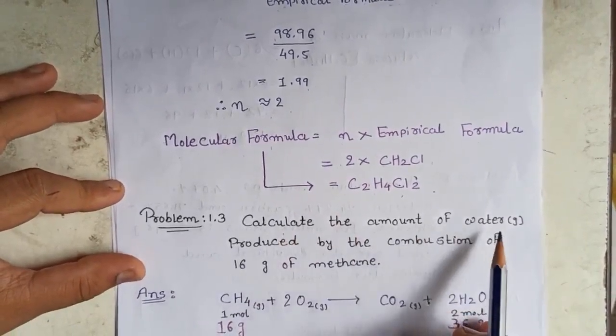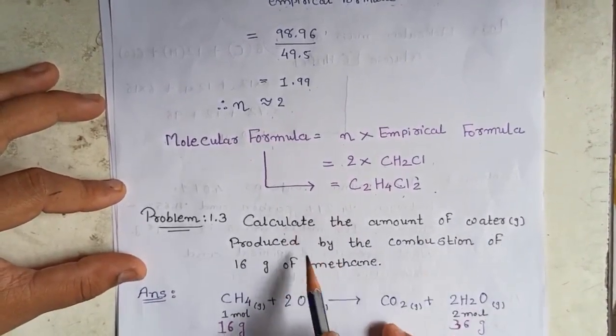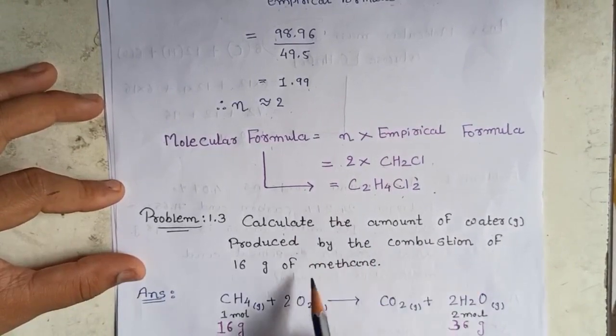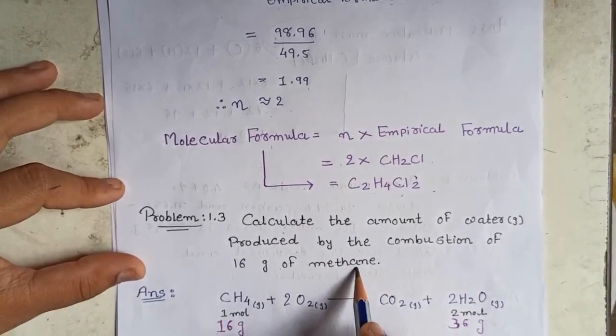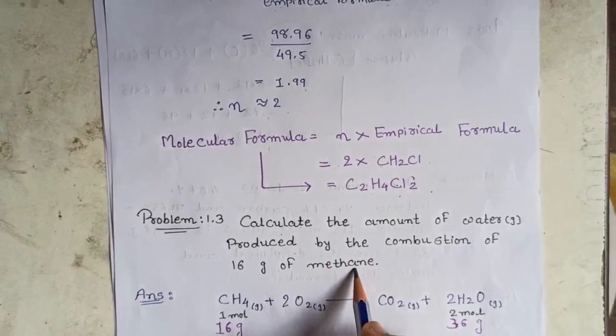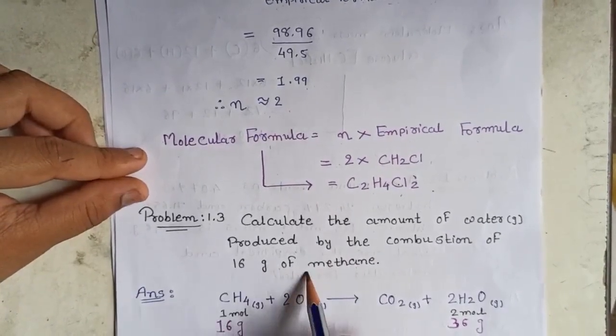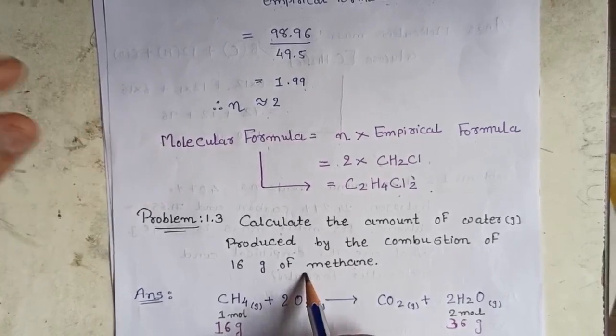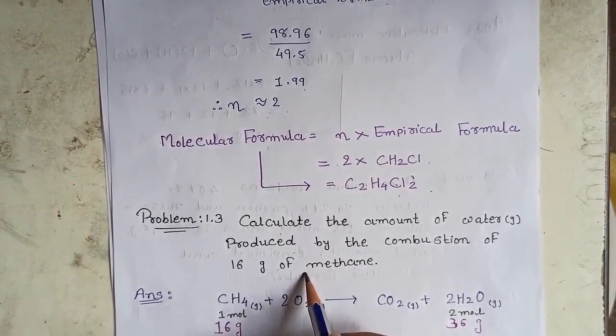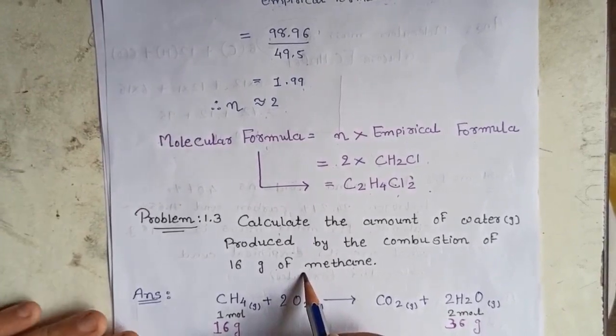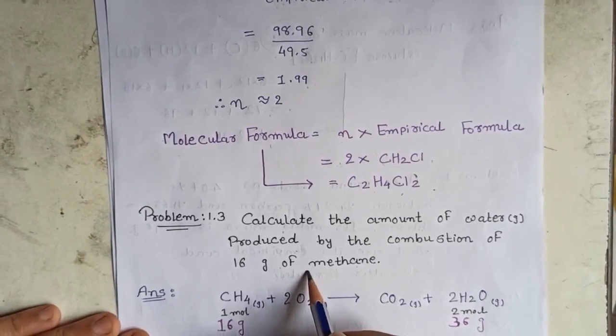Calculate the amount of water in gram produced by the combustion of 16 gram of methane, right? We have to calculate the mass of water when we combust 16 gram of methane. Whenever you combust something or you have to react something, first of all you have to write a balanced equation for that.